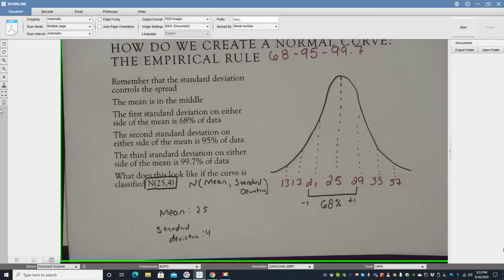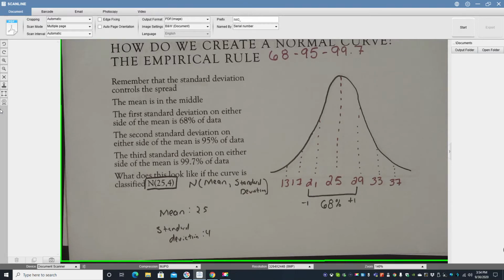That could be anything, just as long as it's between 21 and 29 inclusive. It could be 22, 23, it could be 22.5, anything like that. But 68% of the data would be in between 21 and 29. In layman's terms, if there's 100 points of data, then 68 points of data would be in between these two values.